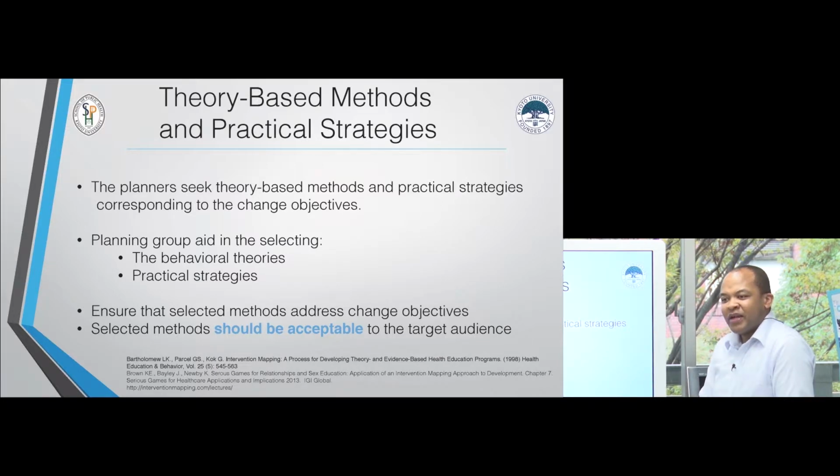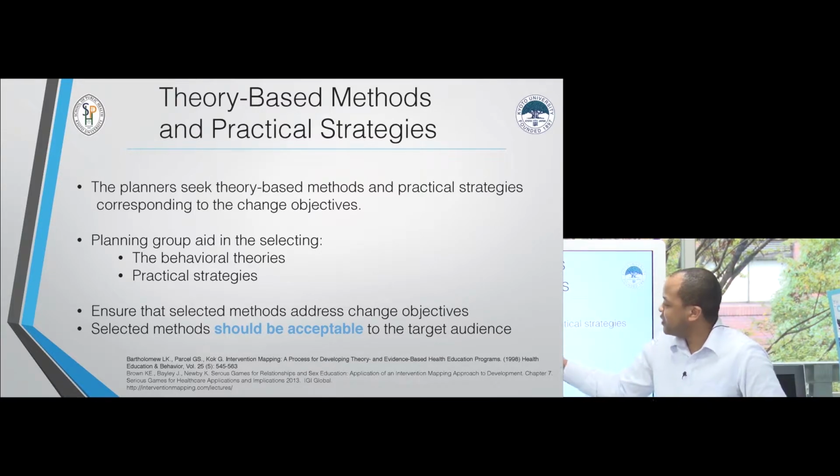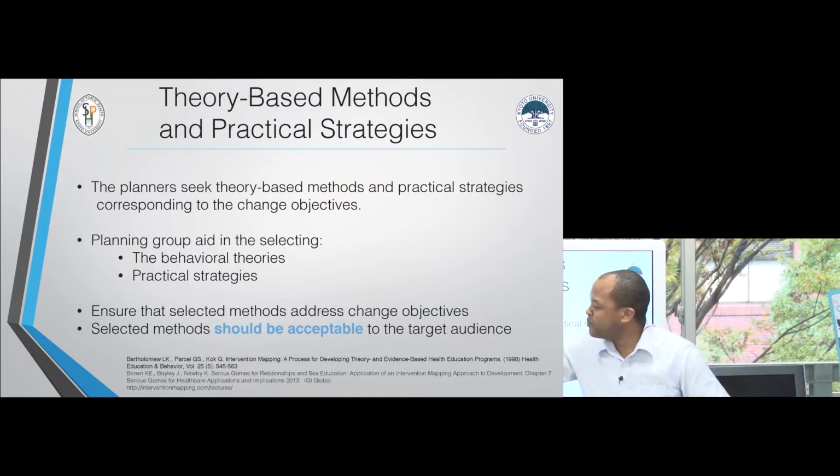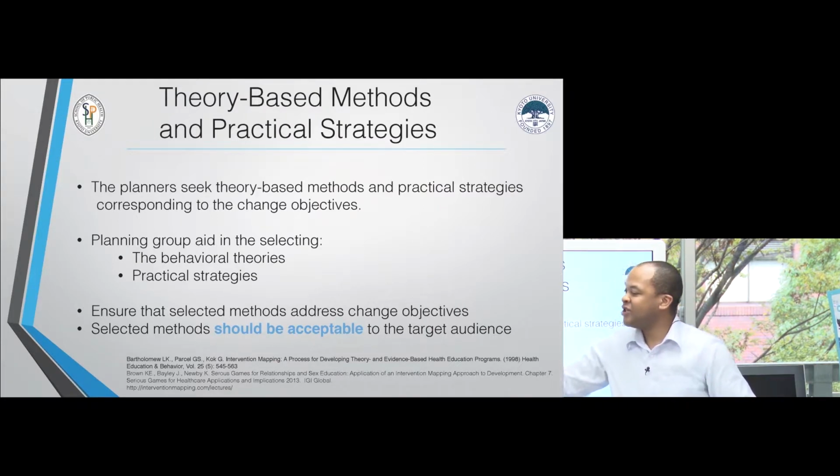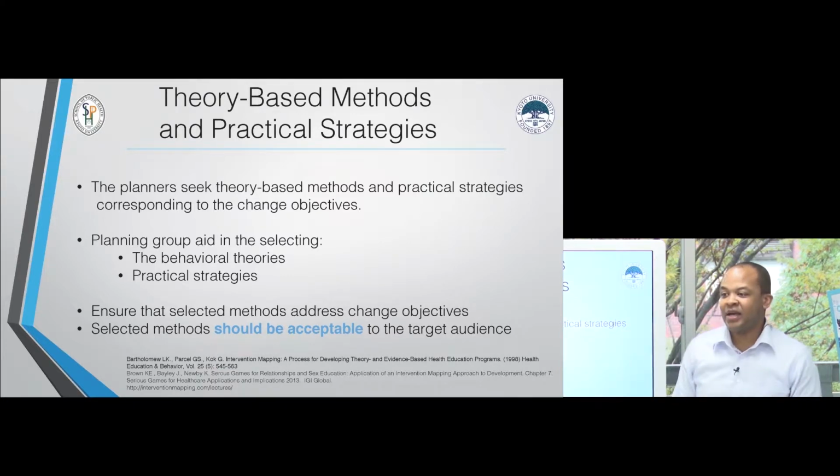Of course, I will not spend much time here because you're already well versed in many different theories, but planners seek theory-based methods and practical strategies corresponding to the change objectives. So this is the most important part. The theory should directly relate to the change objective.